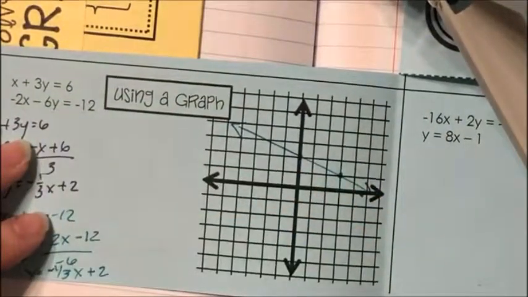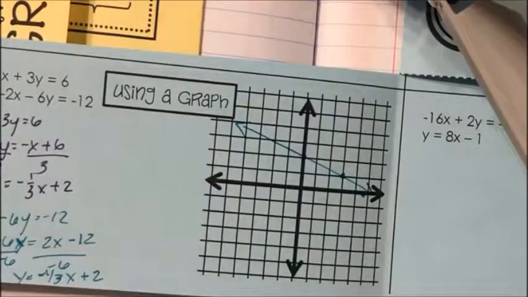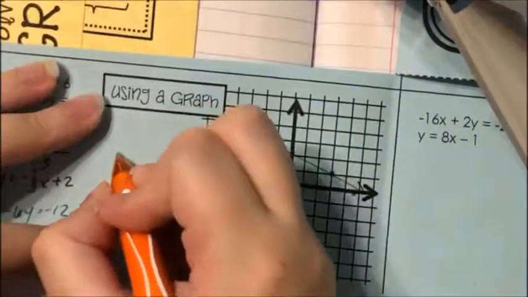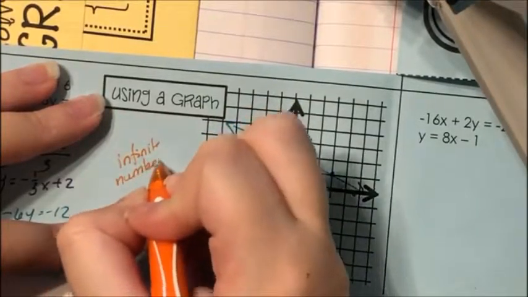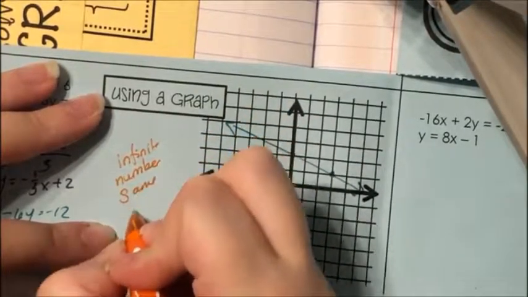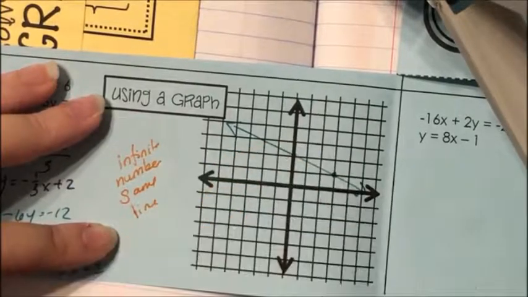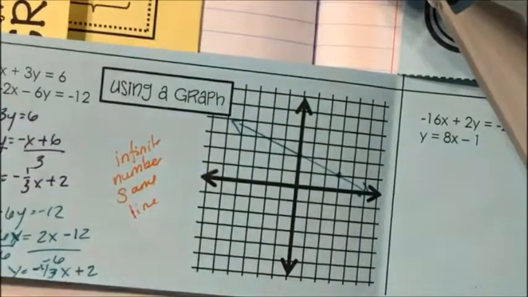Okay, because they are the same line. They have an infinite number of solutions because they're the same line.